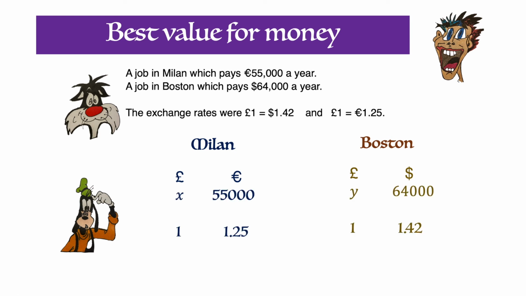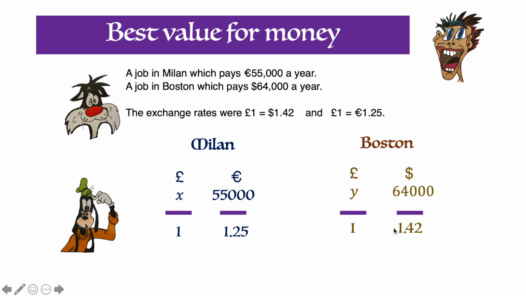So I want to find out what 55,000 euros is, and I'm going to give the unknown value of x here for my pounds. You're working in Milan, x, and for Boston, y is $64,000, and I want to find the y value. Now underneath, and this is really good, the setup's important here, I put my £1 is the same as 1.25 euros, and in this case, £1 is the same as $1.42. And this is the nice thing I do.